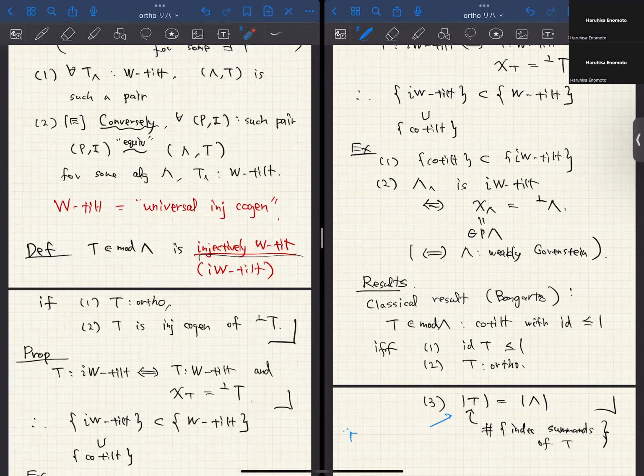So this is much easier than the existence of a three-term short exact sequence.